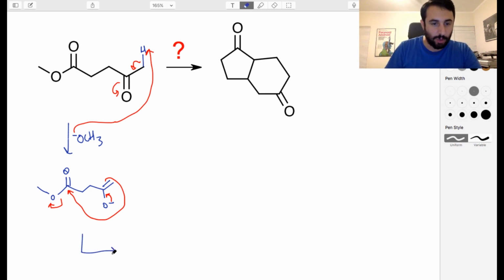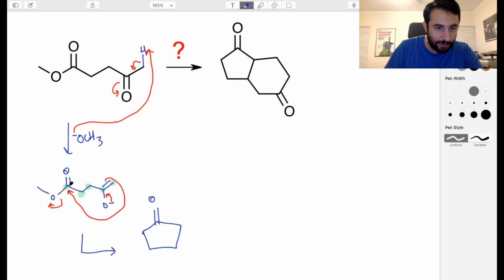And so what are we going to end up with? We are going to end up with, this is a 1, 2, 3, 4, 5-membered ring. Right? So let's draw our five-membered ring. And we've got to have it like this.